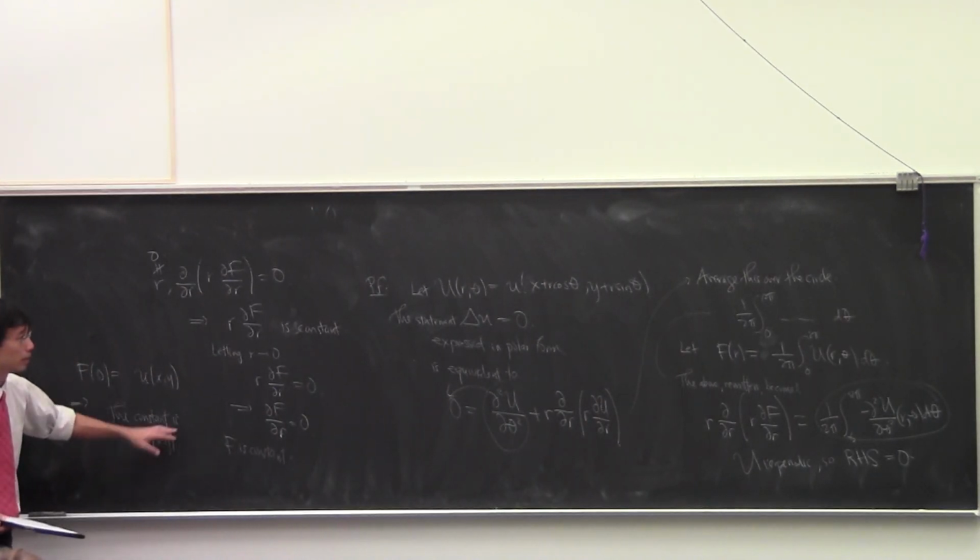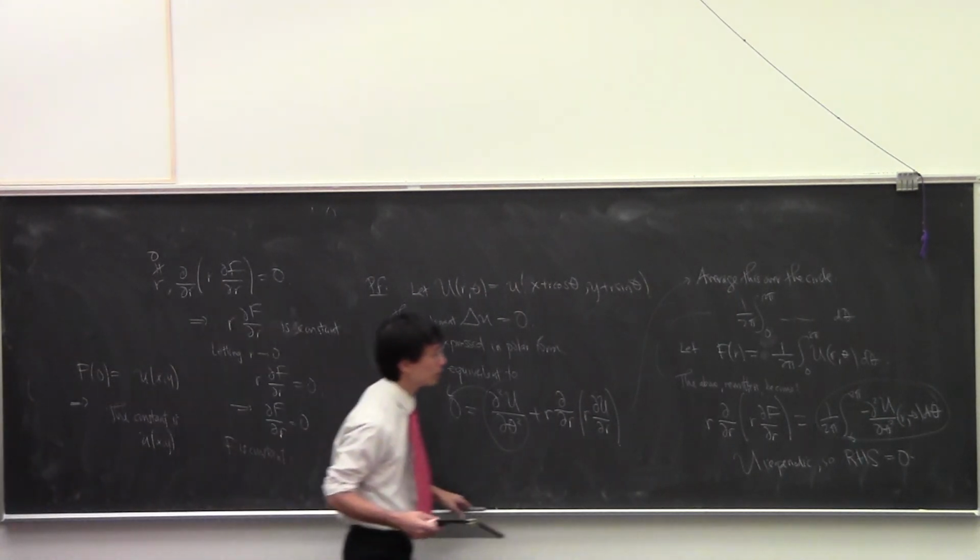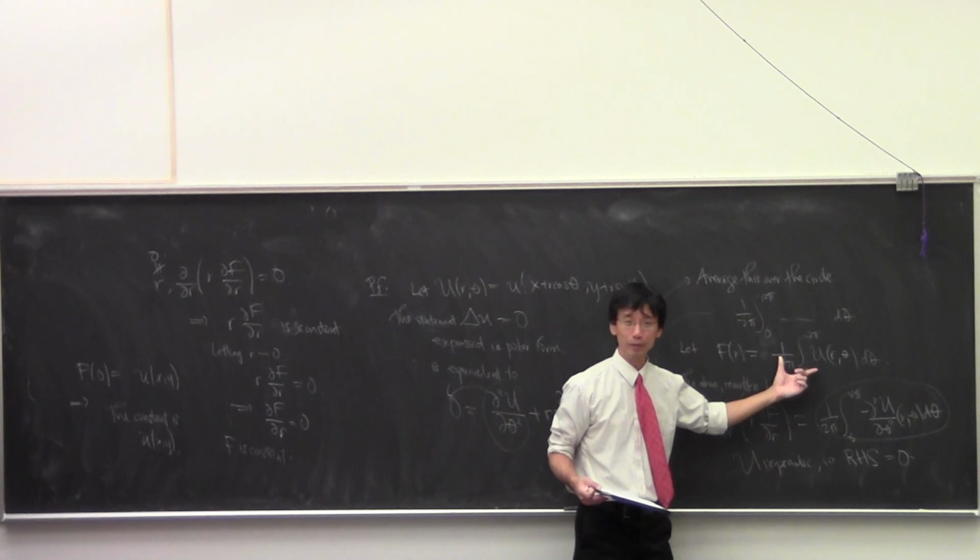And so that tells you that f is equal to U of x, y. In other words, the average over every circle is U of x, y, which is what you want.